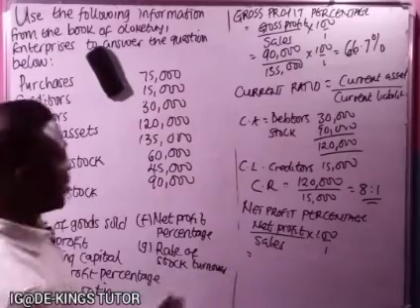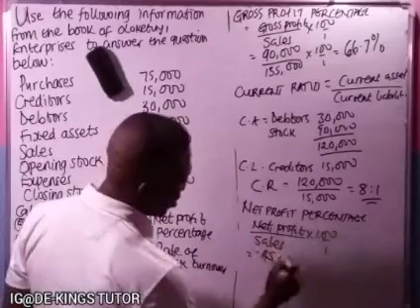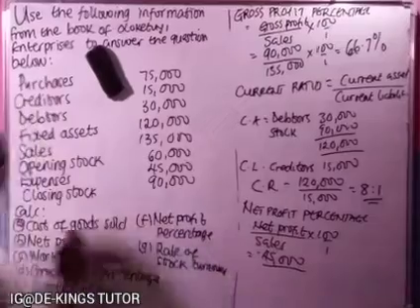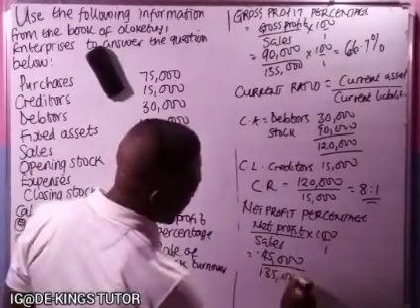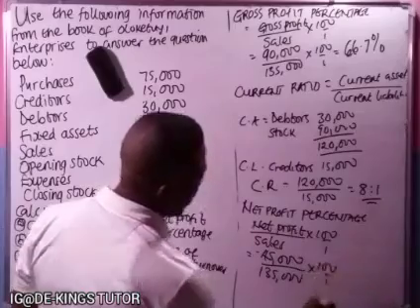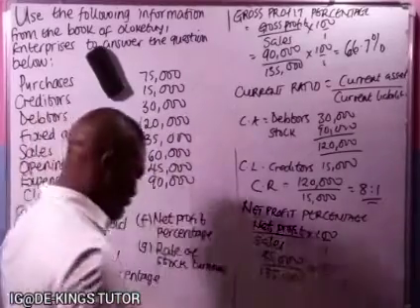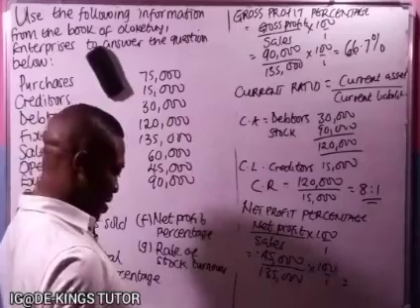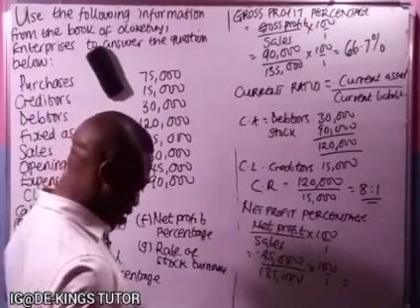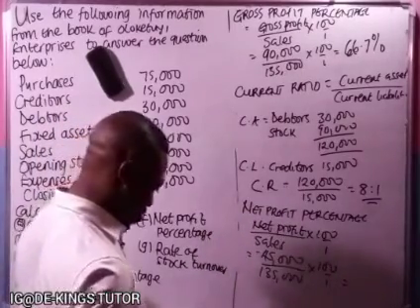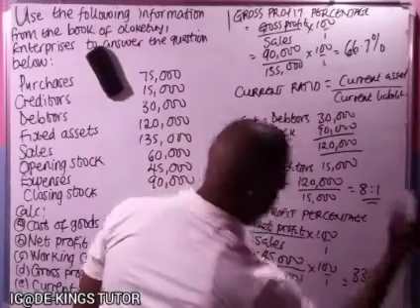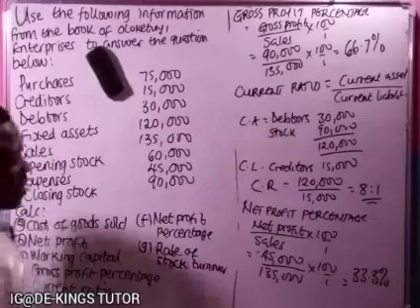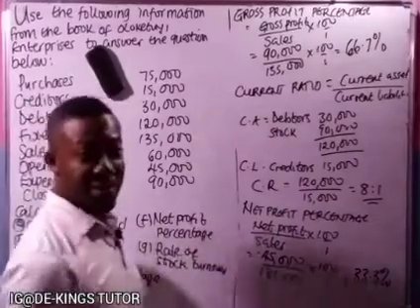Now we said the net profit is 45,000 divided by, what is our sales? Our sales is 135,000 times 100 over 1. So our net profit is 45,000 divided by 135,000 times 100 over 1, which will give us 33.3%. Okay, so that's the net profit percentage.